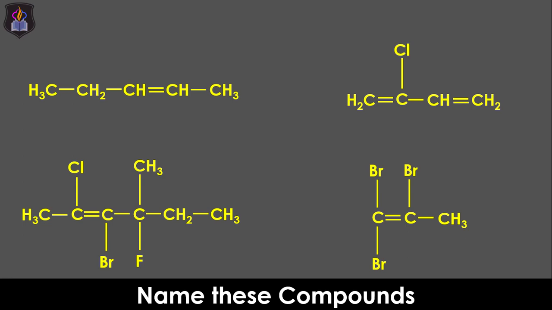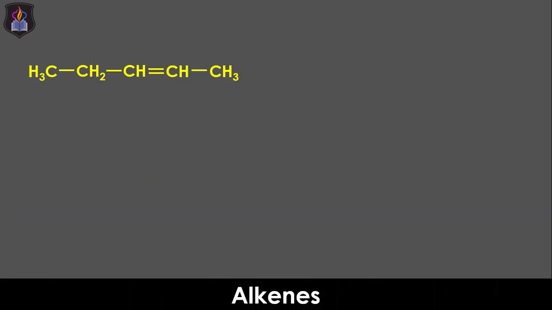These compounds are alkenes because they are unsaturated hydrocarbons that possess carbon-carbon double covalent bonds in their molecules. Therefore, their names will all end with the -ene suffix. In the first compound, there are 5 carbon atoms in the carbon chain without a substituent, so the root name is pent.